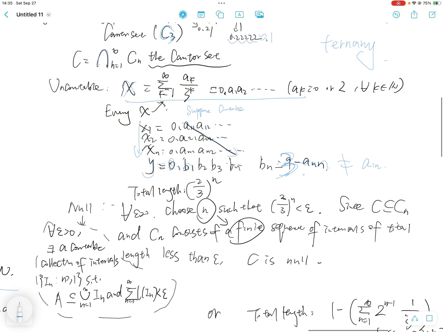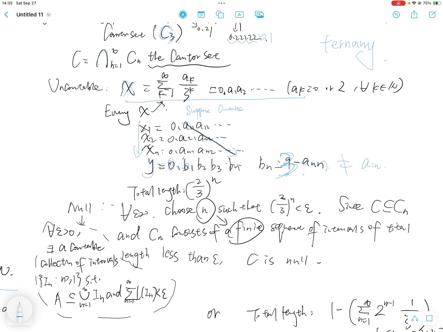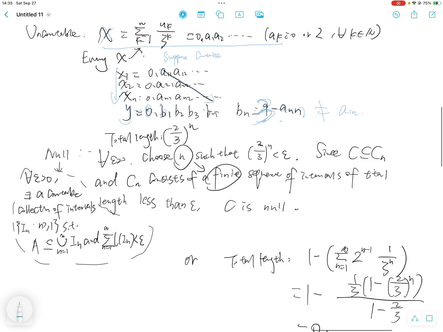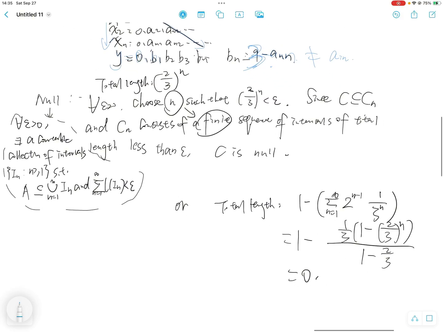Here, the null set comes from measure theory. The total length of it is 0. Firstly, we can compute the total length.